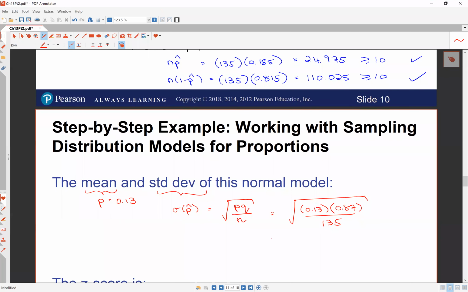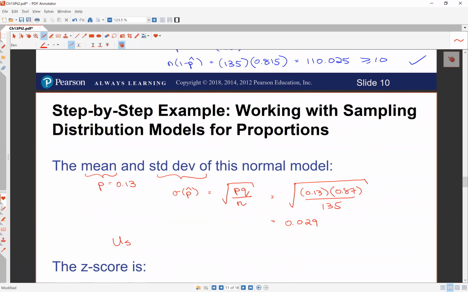So if I do this calculation, 0.13 times 0.87 divided by 135, and then take the square root of that, I get 0.029 to 3 decimals. So we are using a normal model with a mean of 0.13 and a standard deviation of 0.029.